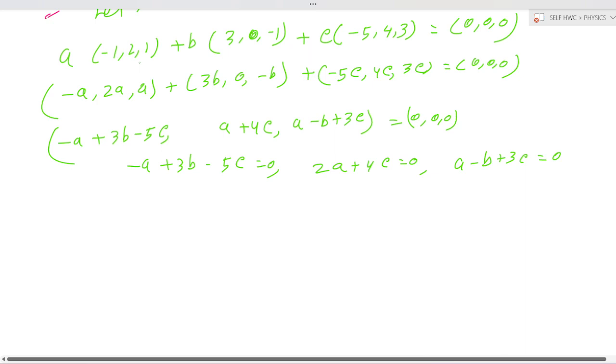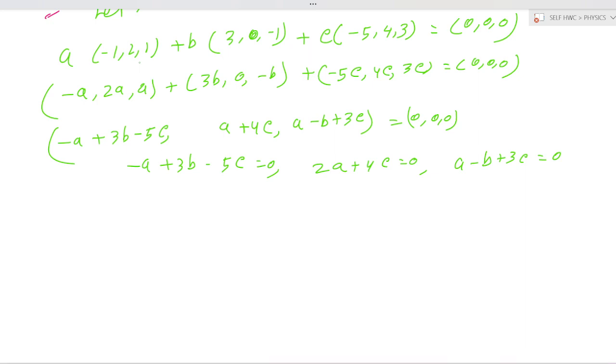These equations will have non-zero solutions in V3 if the rank of the coefficient matrix is less than 3, the number of unknowns a, b, c. But if the rank is 3, the only solution is a equal to b equal to c equal to 0.